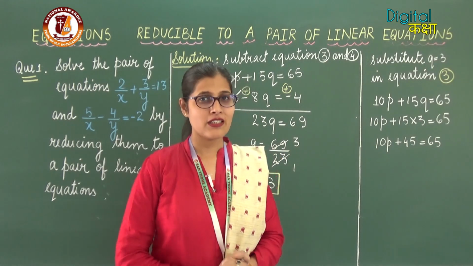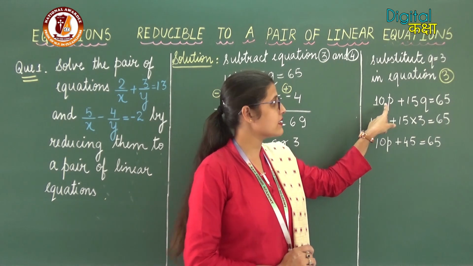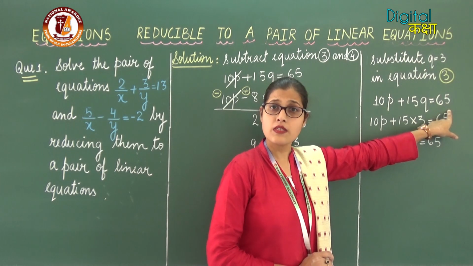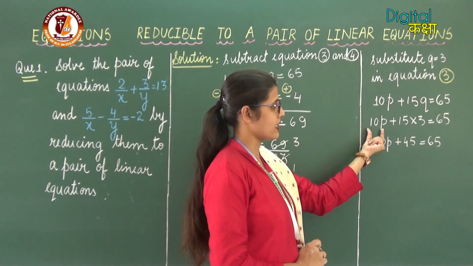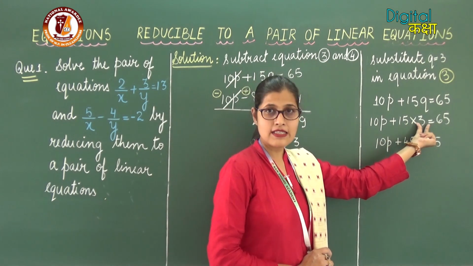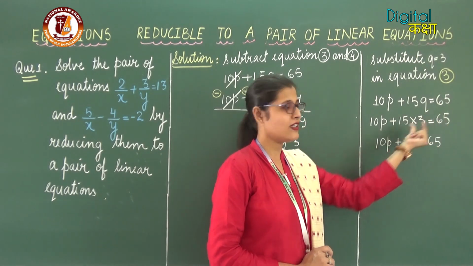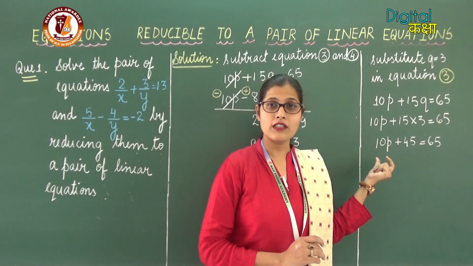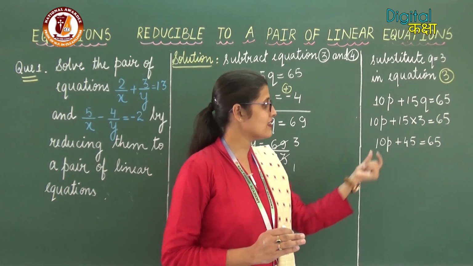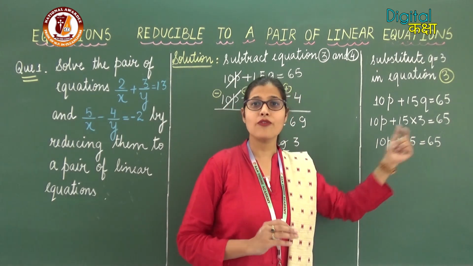On substituting q equals 3 in equation 3, that is 10p plus 15q equals 65, we will be getting 10p plus 15 into 3, that is the value of q, equals 65. We will be solving it further, so we will be getting our equation as 10p plus 45 equals 65.